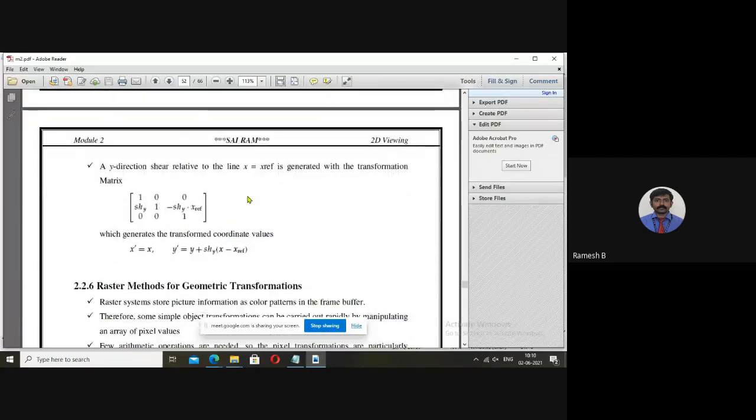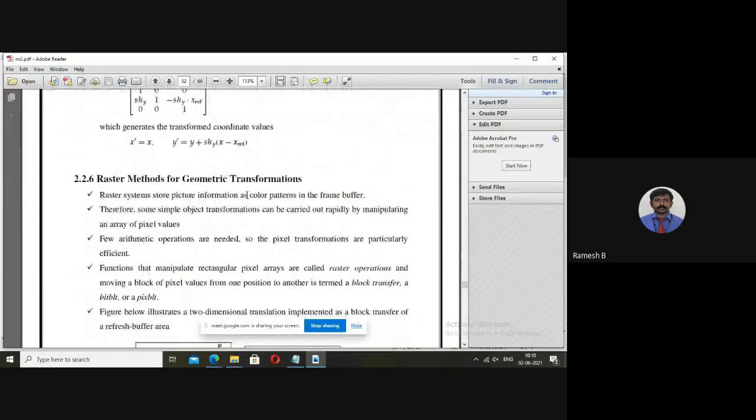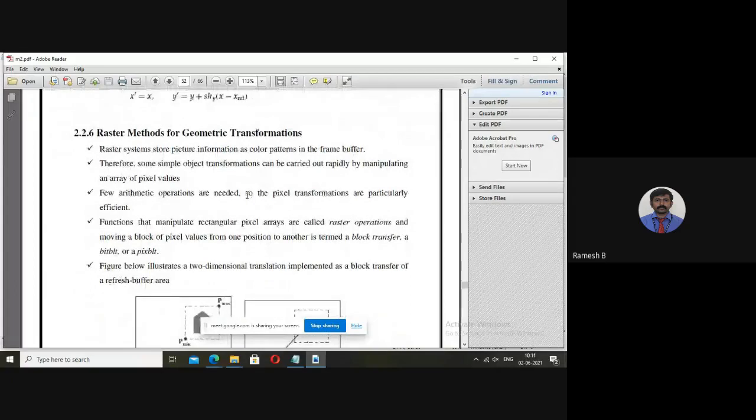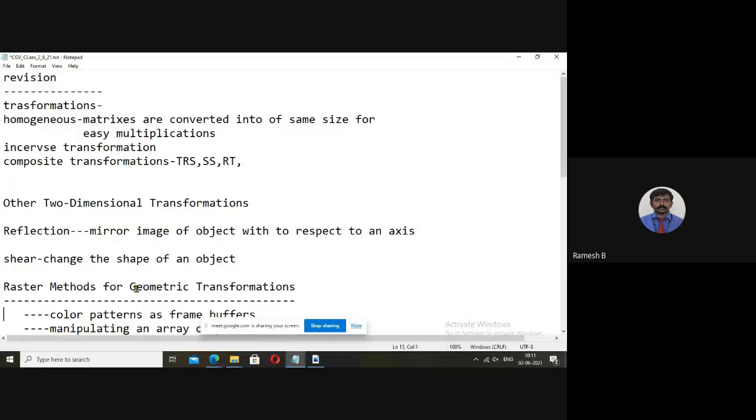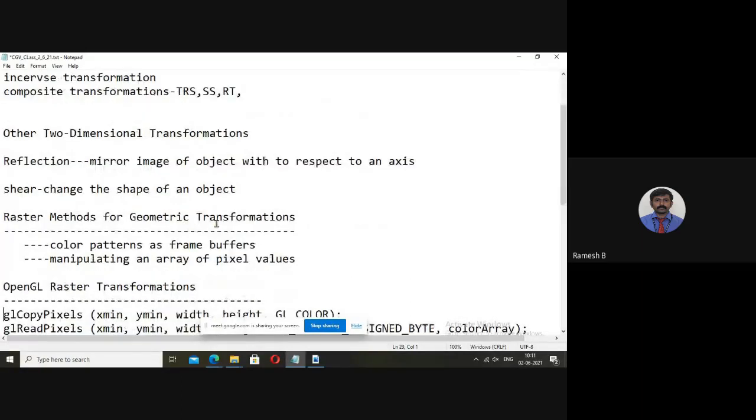The next transformations are known as raster method transformations. They use frame buffers.